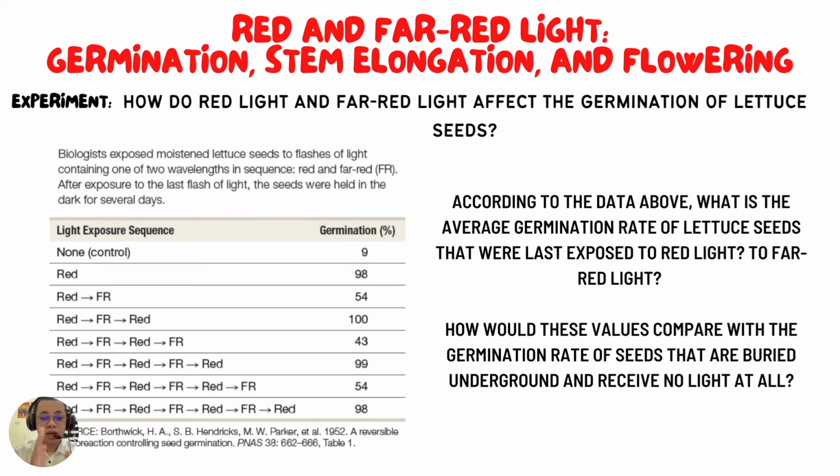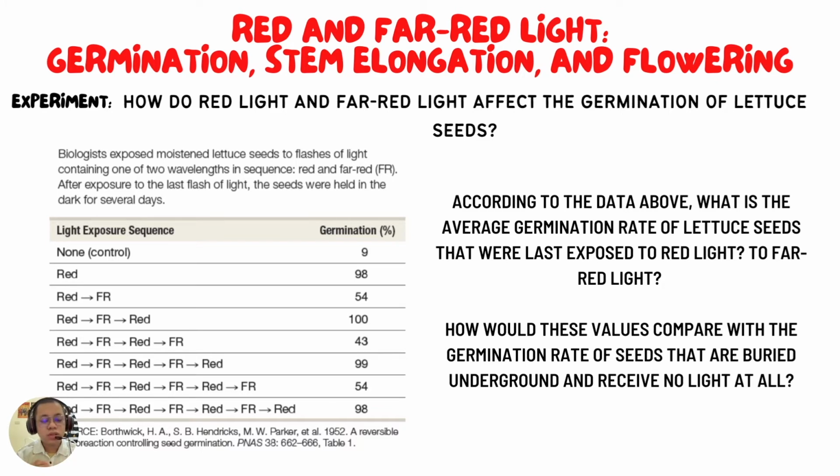Now in the table, we have the light exposure sequence, and also the percentage of germination. As you can see, there is a switching of different kinds of light. We started with none, the control group. The germination is only 9%. The next one is red.